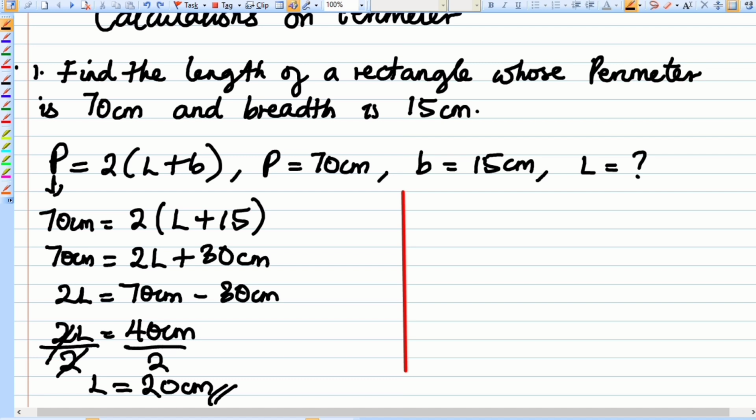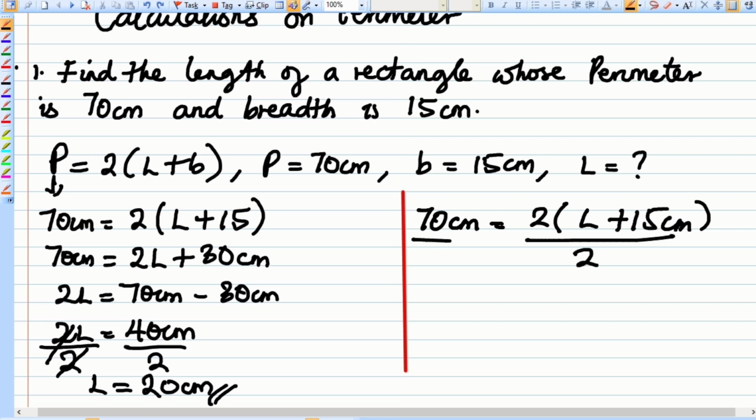But another way I could solve this is by dividing both sides. So I'll have 70 cm is equal to 2 brackets L plus 15 cm. So I'll just divide both sides by 2, because if you divide both sides of the equation with the same number, it still remains balanced, right? So 2 is going to cancel 2 here. 70 over 2 is 35 cm, equal to L plus 15 cm.